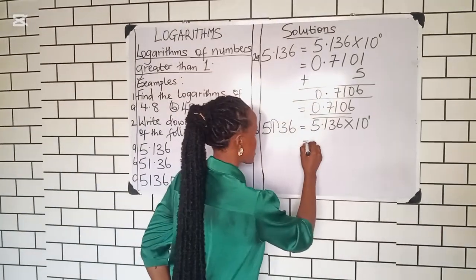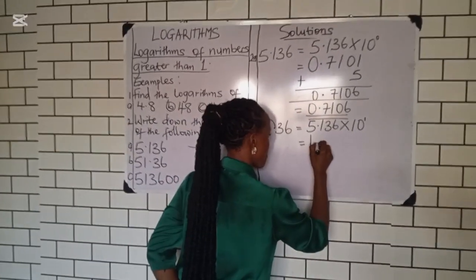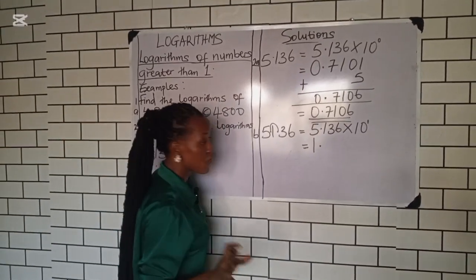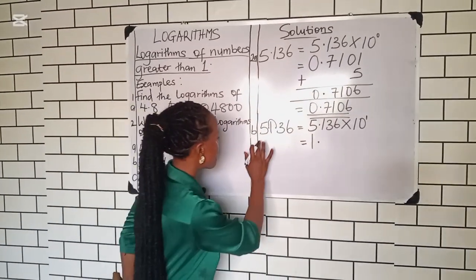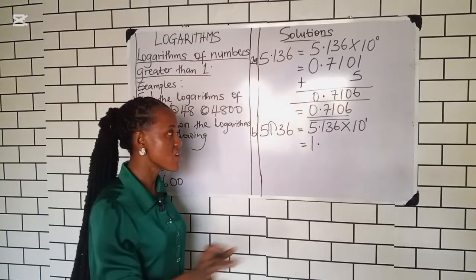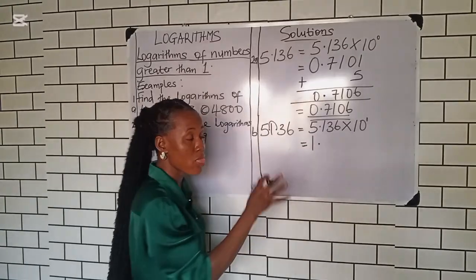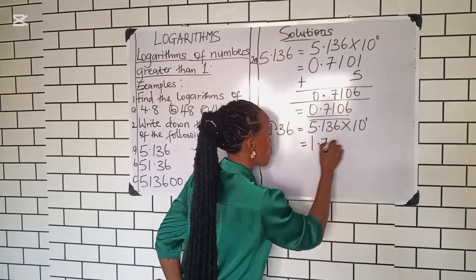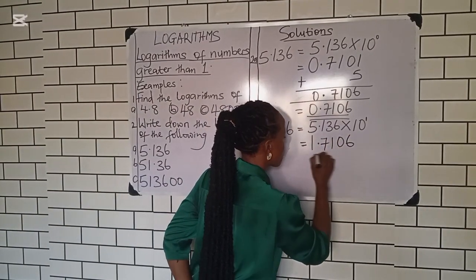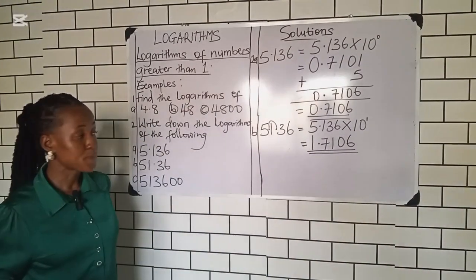Now here, the characteristic part, the power of 10, which is what? 1, right of 1 point. We will still go to our 4-figure table and look for 51 under 3 difference of 6, which will still give us the same figures because they are the same numbers. We have our 1.7106 as our answer for question alphabet B.